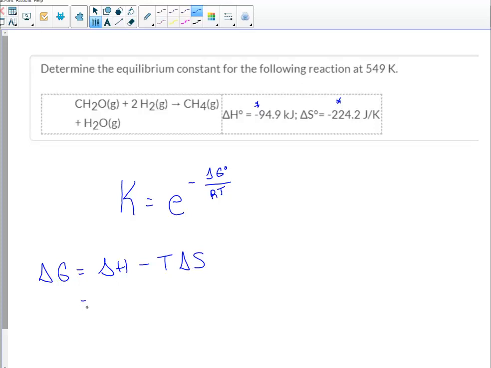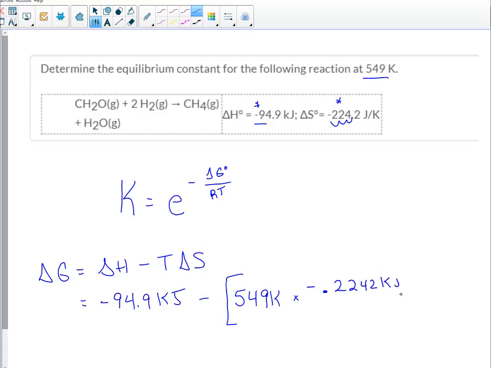Delta G can be found by taking negative 94.9 kilojoules, that's our enthalpy value, delta H, minus T, 549 Kelvin units, times, well, I'm going to slide this decimal over, negative 0.2242 kilojoules per Kelvin.